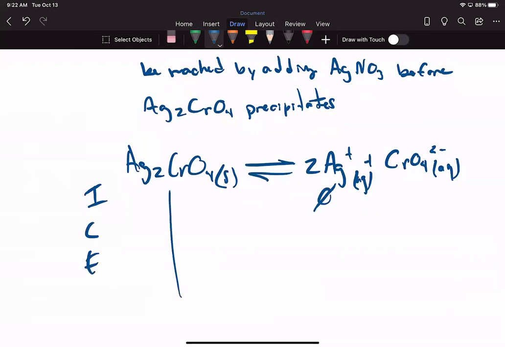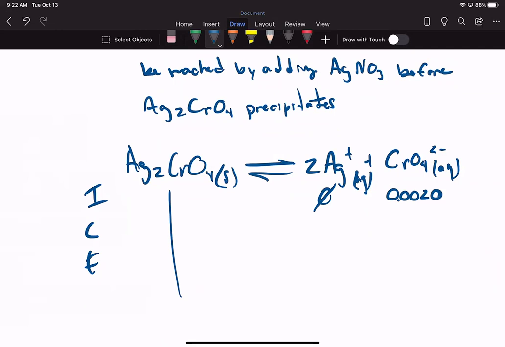We don't have any silver just yet because we haven't added the silver nitrate. We only have a solution containing 0.0020 moles of chromate per liter, and that's the only thing we have right now.